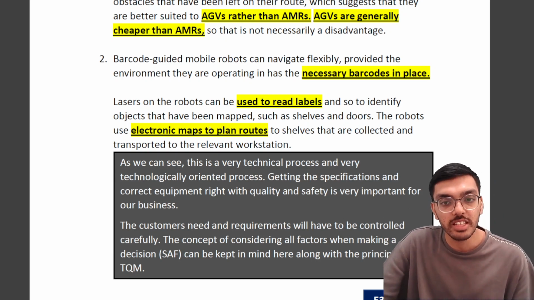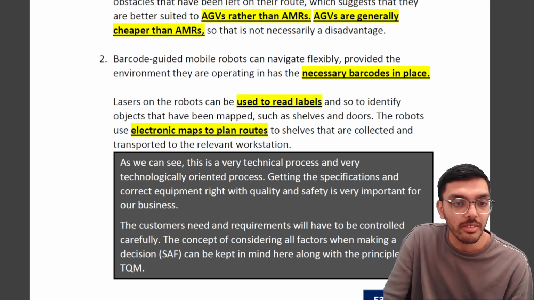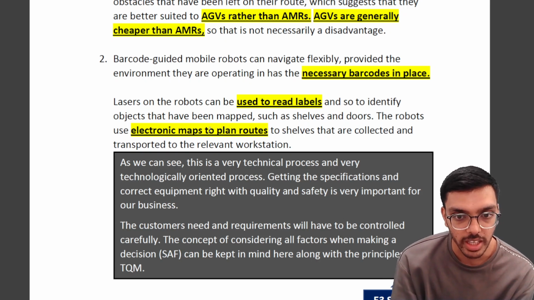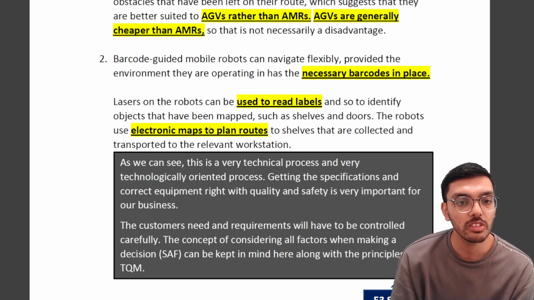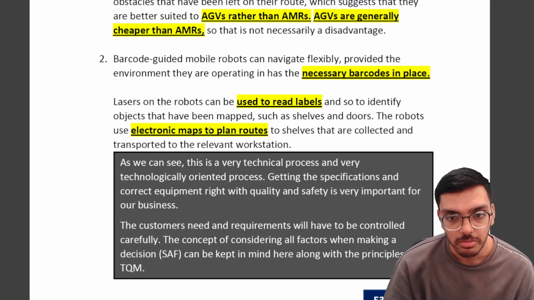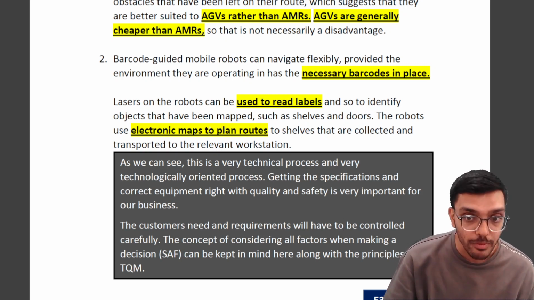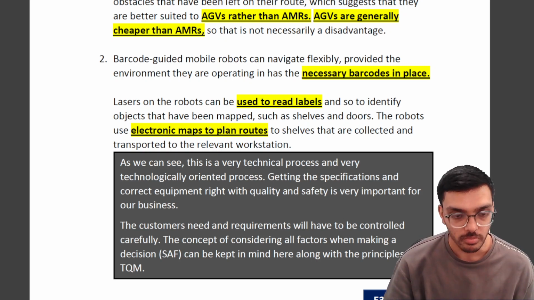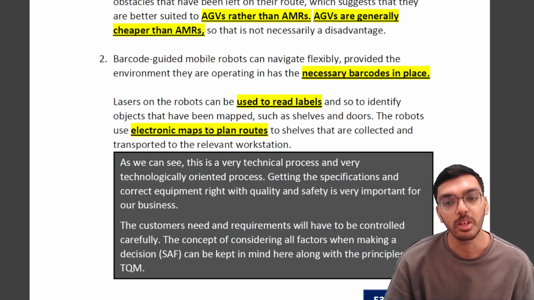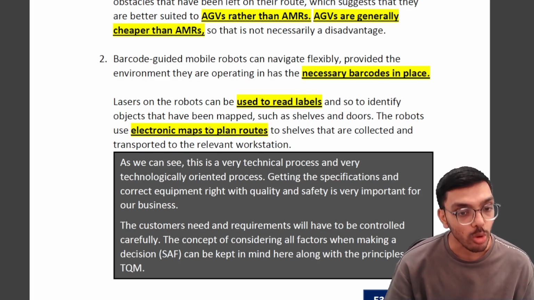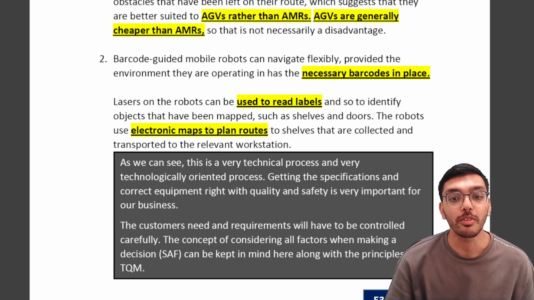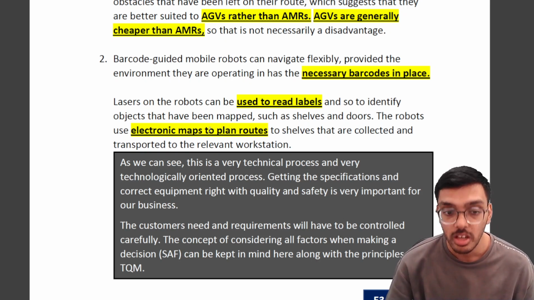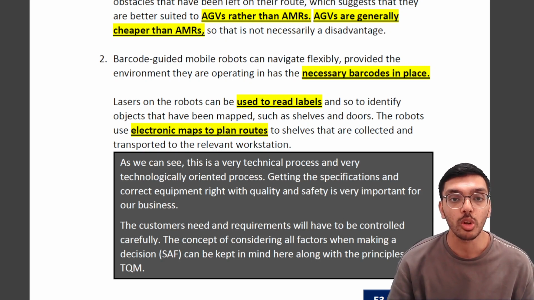So as we can see, this is a very technical process and very technologically oriented, because all of this is highly technological, correct? Getting the specifications and correct equipment right with quality and safety is very important for our business. The customer's need and requirements will have to be controlled carefully. The concept of considering all factors when making a decision can be kept in mind here, along with the principles of total quality management.